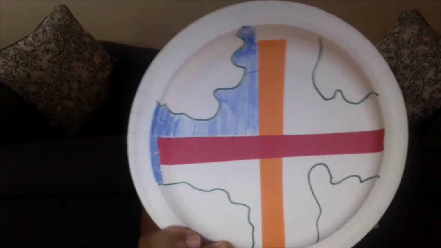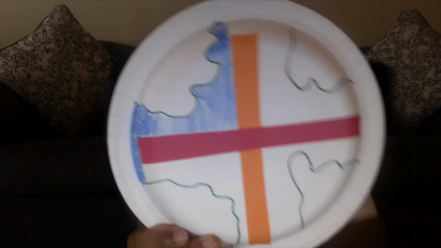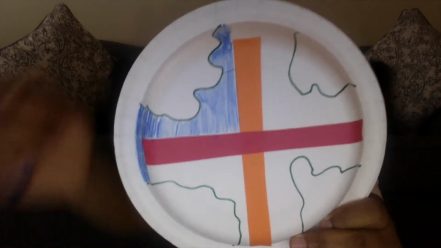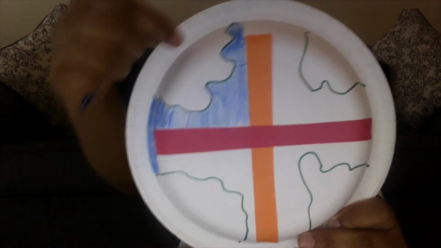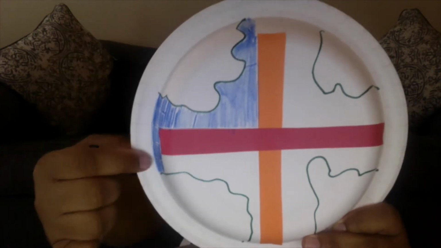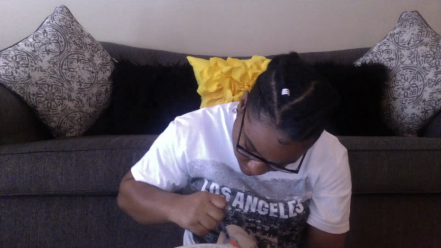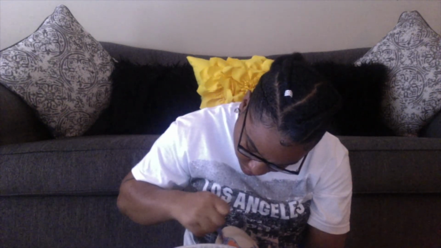And just to show you what it should look like, it should look like this. And again, you're going to do that to all sections that have white space. Leave the rim of the paper plate blank because we are going to write on those later. After your water is shaded in, this is how it should look.